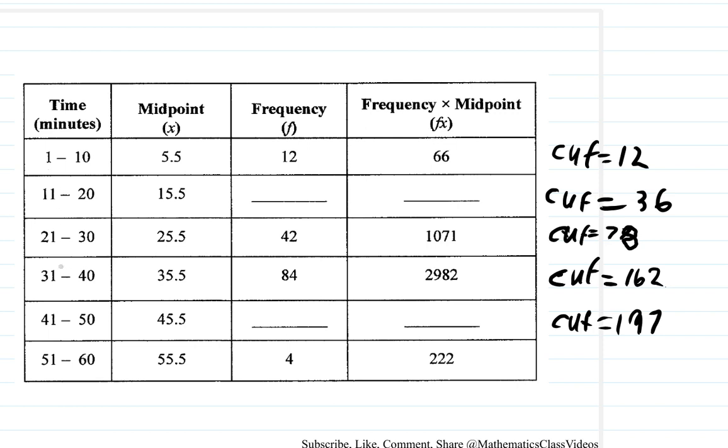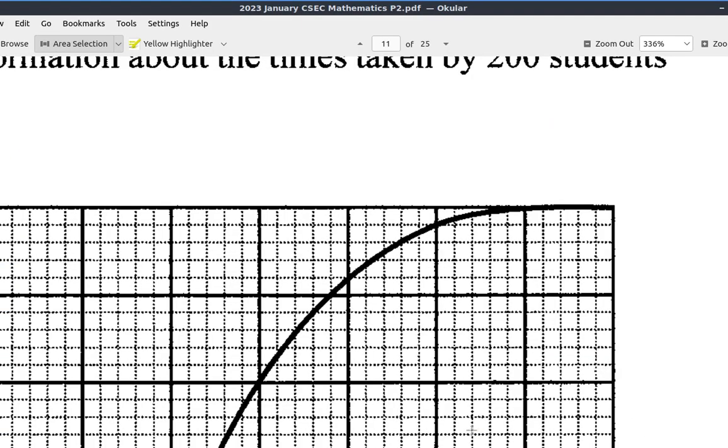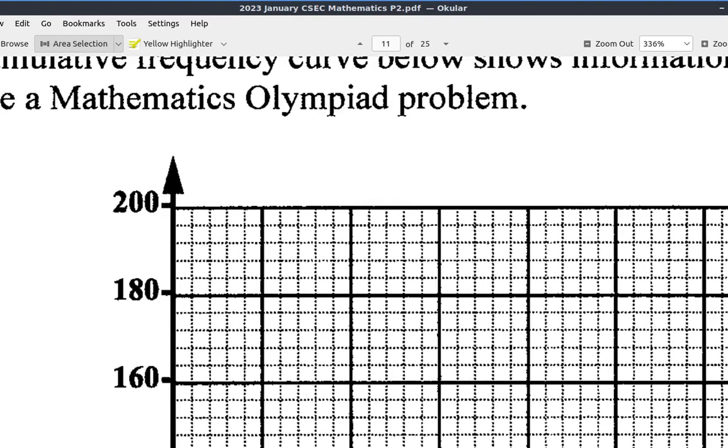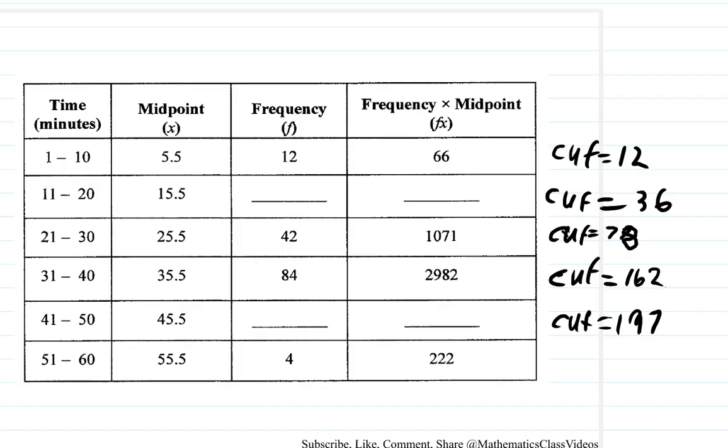Even though this says up to 60, we're not going to consider 60.5 because we did not go over 60. So right at 60, the cumulative frequency would be 200, because that's max. It's maxed out now. It's 200.